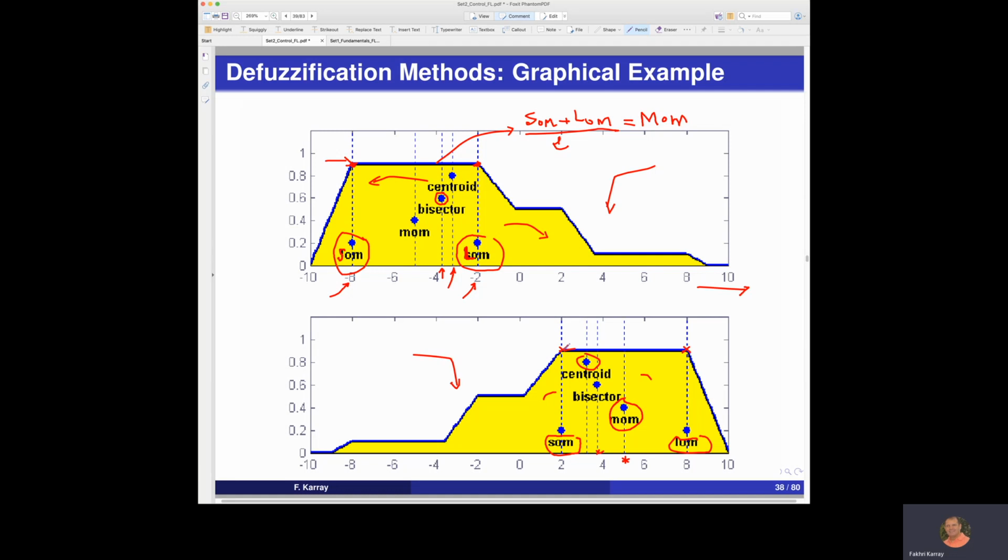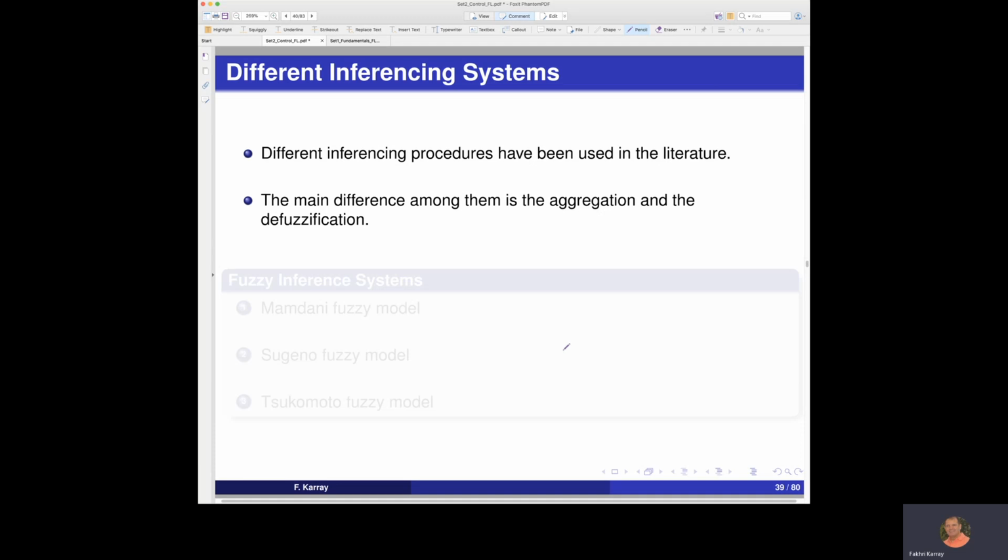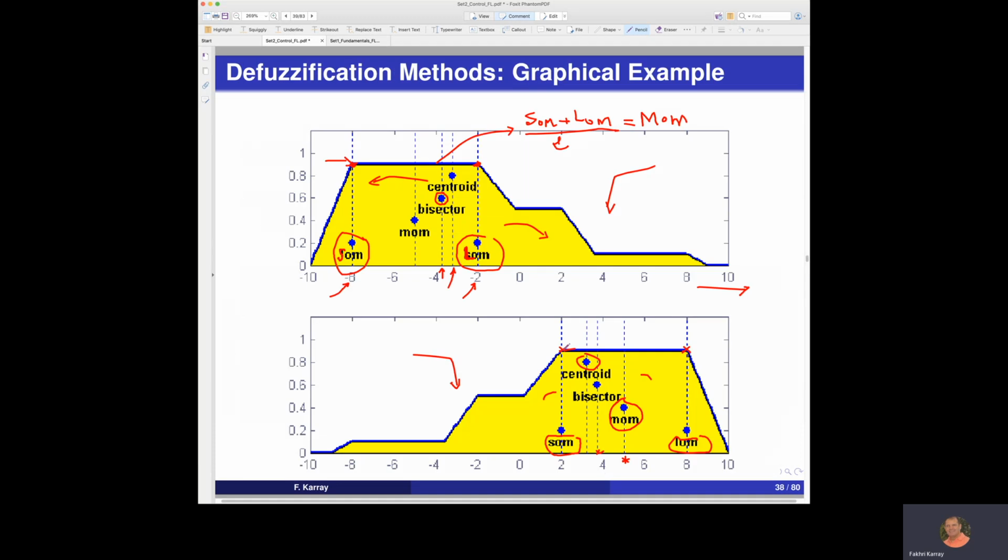I do not expect, during a quiz or a short exam, to ask you to compute a centroid of area, because it is a little bit complex. You have to do that integration and collect the interval for that particular shape of the membership function. That's what I wanted to share with you for all these types of defuzzification.